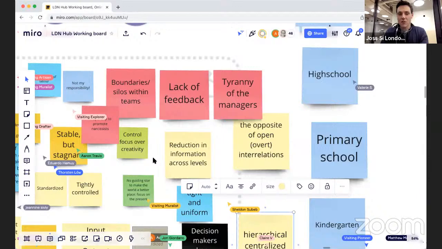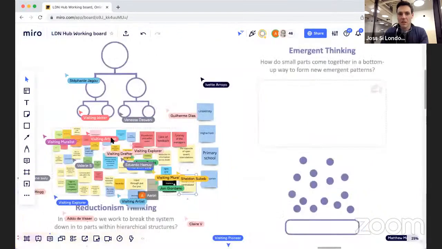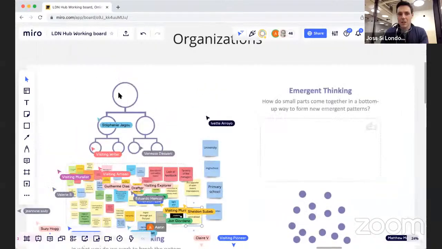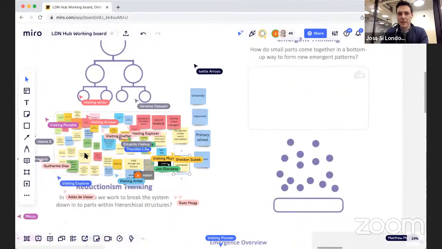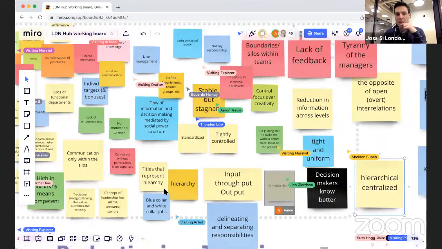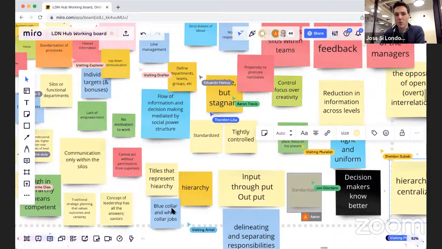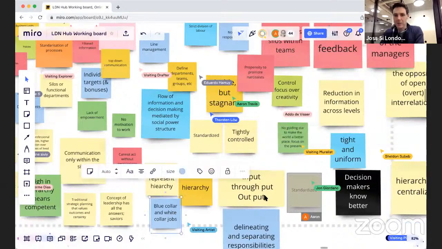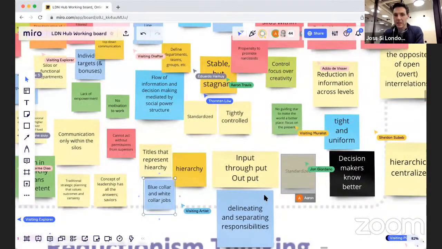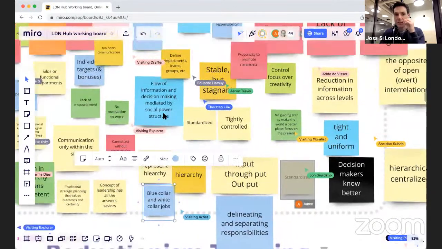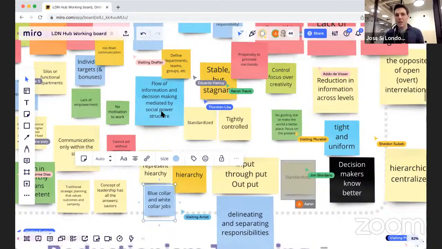Control focused over creativity, yeah, because these parts are being managed in a top-down fashion here. Okay, hierarchy, titles that represent hierarchy, blue collar and white collar, yeah. Input through output, a linear conception. We'll talk about that in a minute. Flow of information and decision-making mediated by social power and structure. Standardized, tightly controlled.